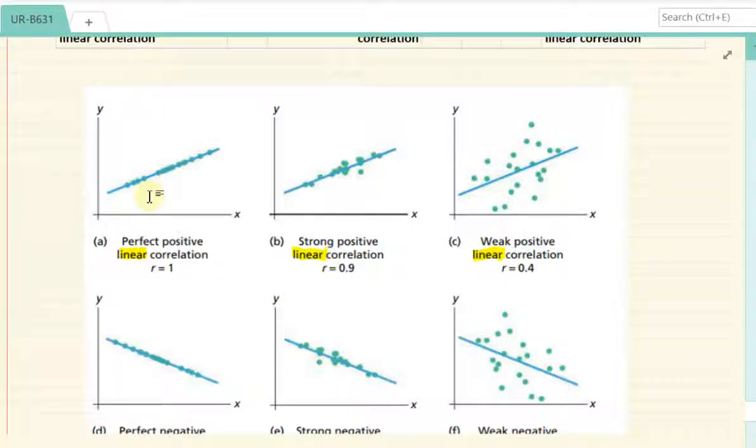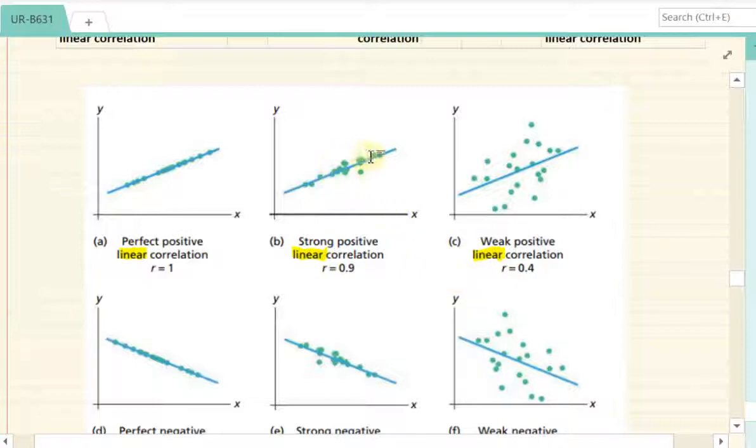Or, for example, F = ma, force equals mass times acceleration, that's a deterministic model. E = mc², that's deterministic. No error in that one. But a linear fit means every point is on the line. That's perfect positive correlation. Then notice the correlation is getting smaller and smaller.